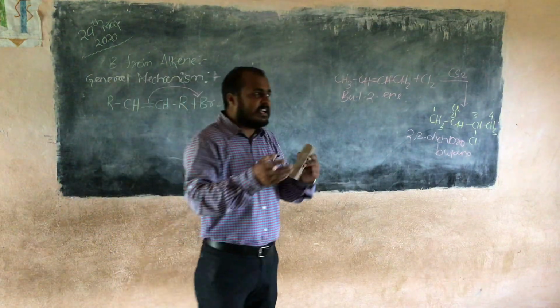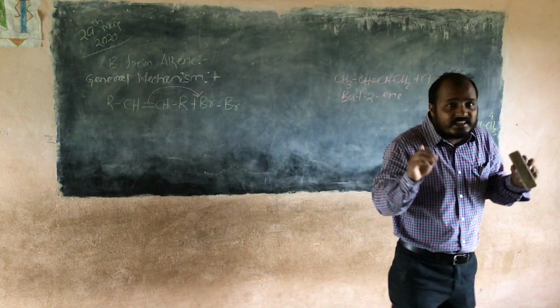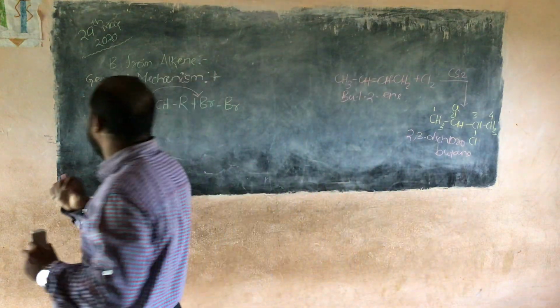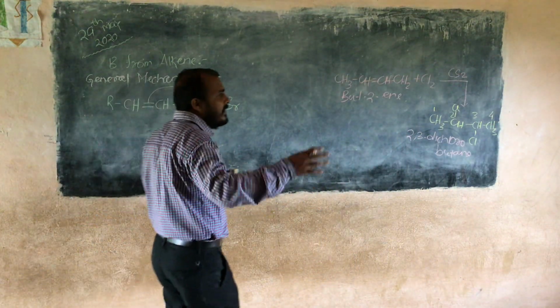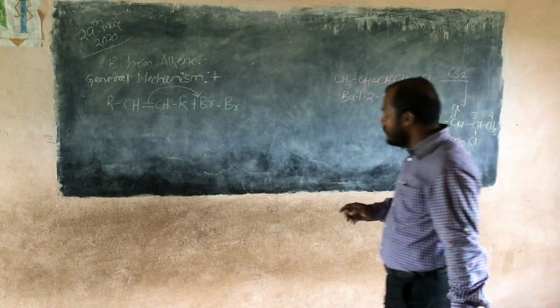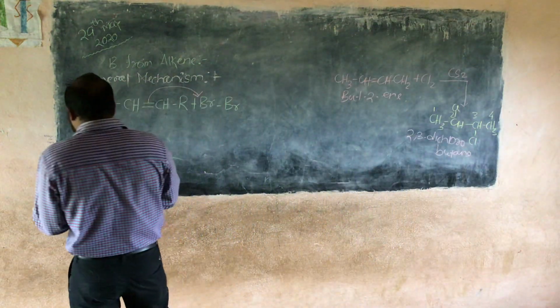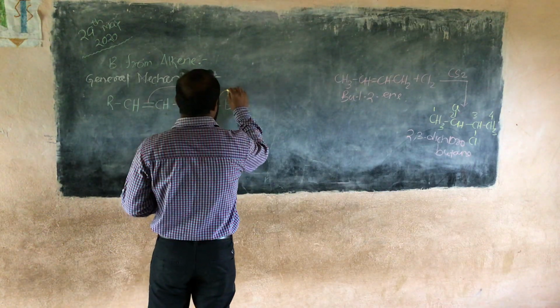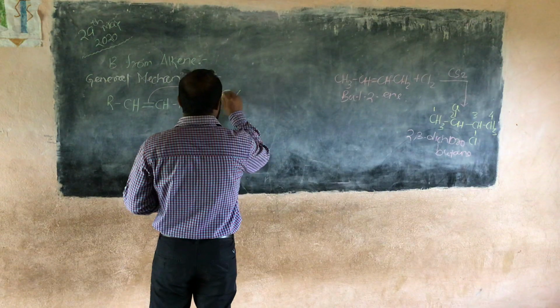But here the charged species is stable because they are more electronegative, in other words, their electronegativity value is high. So after the attack, the other bromine will go away as Br minus.